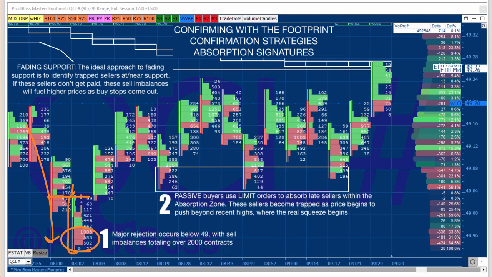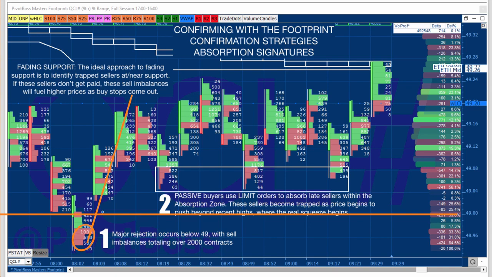You can see this little stripe right here. That little stripe tells you that price opened that range bar here, it dropped down to this low, and eventually closed up to this high. So that right there shows you 2,000 contracts get short, below 49s, and bang! Big push up. That's the rejection that Brent called out.